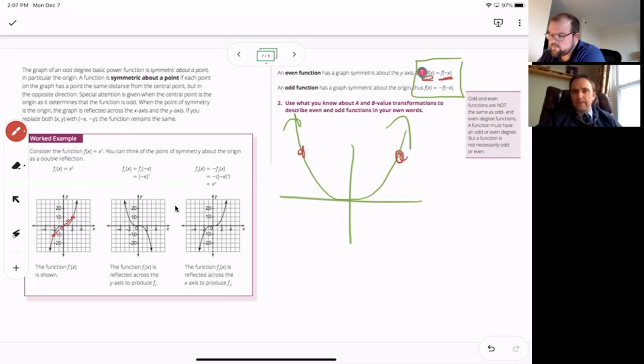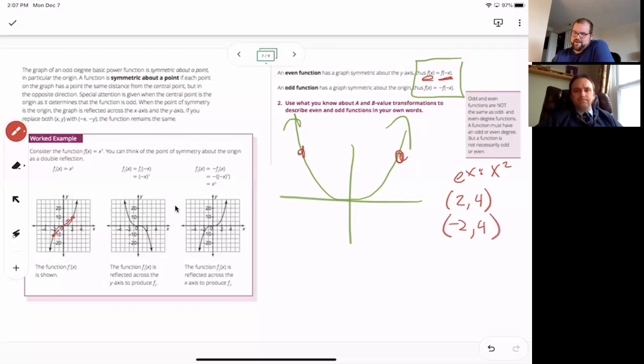Let's just say x squared, because we know that one pretty well: we'd have the point (2, 4) on the positive side, and we'd have -2, but -2 times itself is also 4. So we have the algebraic, the numerical, and the graphical all in one place for us.